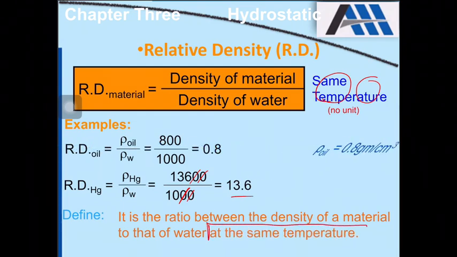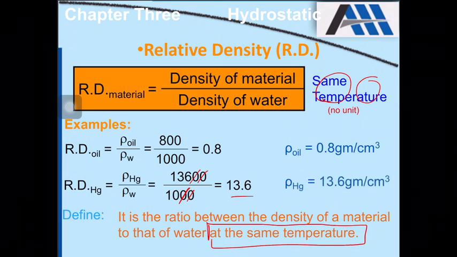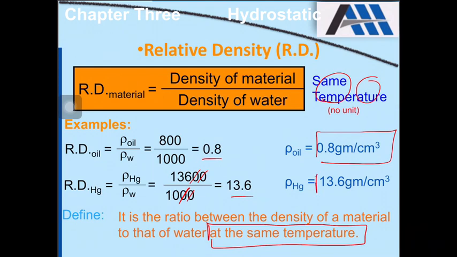Keep this in mind. The relative density is numerically equal to the density measured in gram per cubic centimeter. That was all for this session, and let us move on to some practice.